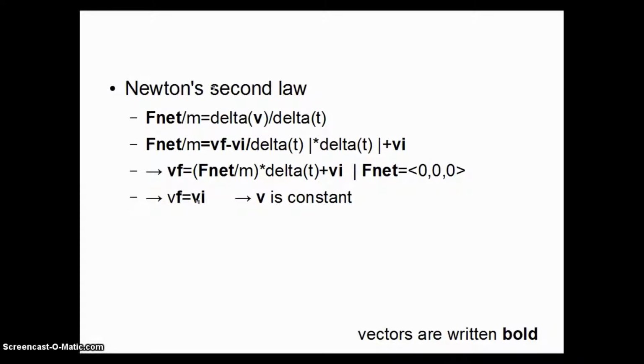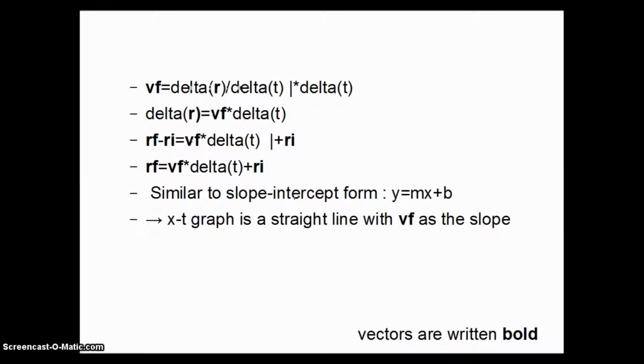But we want to know why the graph of the displacement time diagram is a straight line. We have the formula Vf is equal to delta r over delta t. When we multiply by delta t, we'll get delta r is equal to Vf times delta t. We can write that as Rf minus Ri is equal to Vf times delta t.